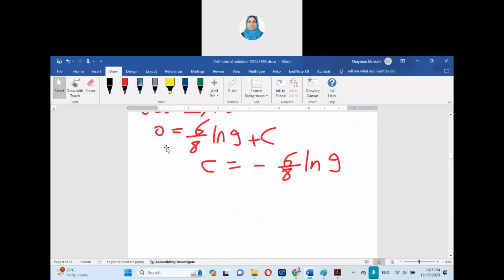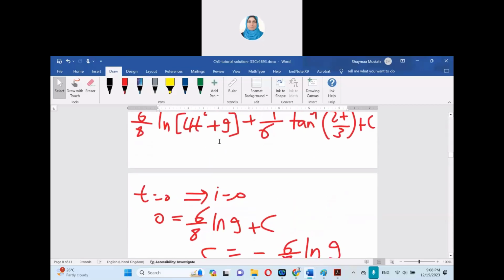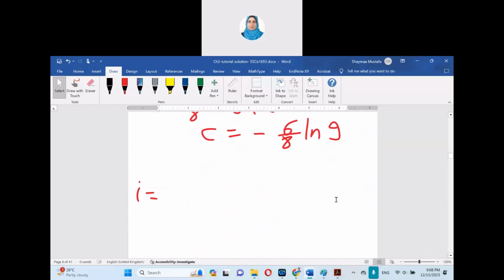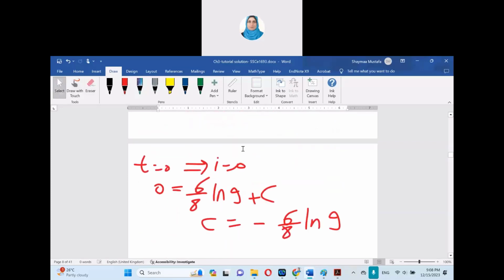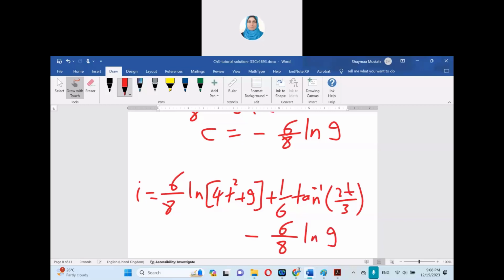So you need to substitute here to find I. This is the value of the constant. So I is equal to 6 over 8 ln(4t² + 9) plus 1 over 6 tan inverse of 2t over 3 plus the constant, which here is minus 6 over 8 ln 9.